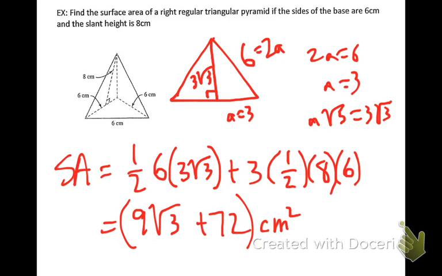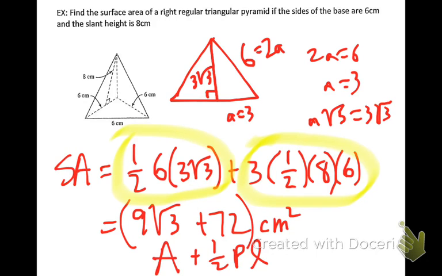Now if I break that down, what I have done, this part here is A, the area of the base, and then the rest of it, this part, is we take the perimeter, that's 3 times the 6, so we have plus 1/2, so it's areas of triangles, so it's 1/2 the perimeter times the slant height.